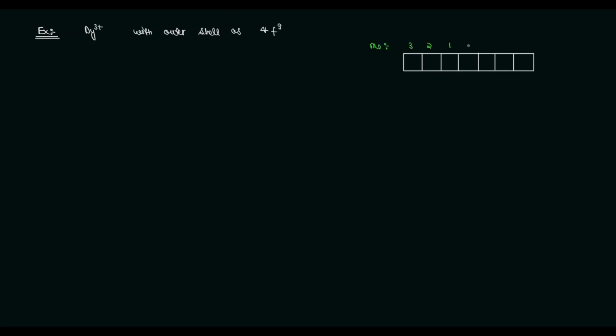Now let us consider an example of a dysprosium ion with outer shell as 4f9, so that the outermost shell has the f orbital with the ml values as 3, 2, 1, 0, minus 1, minus 2, and minus 3, so that the ground state will look like this.